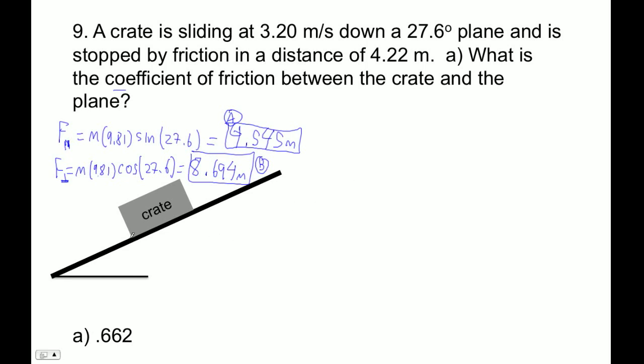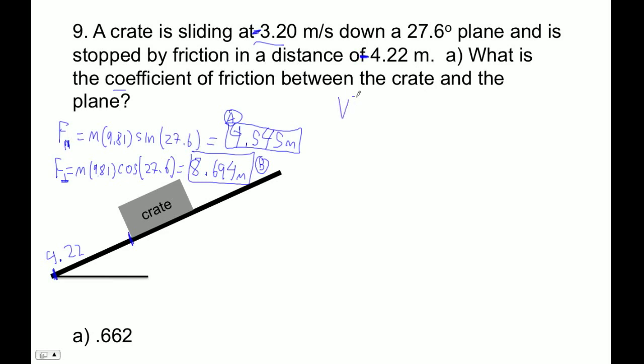Okay, I see a SUVAT problem that we need to solve. This thing stops in a distance of 4.22 meters, right? And so we want to find the acceleration. Now, of course, that's going to be a positive acceleration. It's moving down the plane at this speed, right? So there will be a negative thing. It stops in negative 4.22 meters, right?